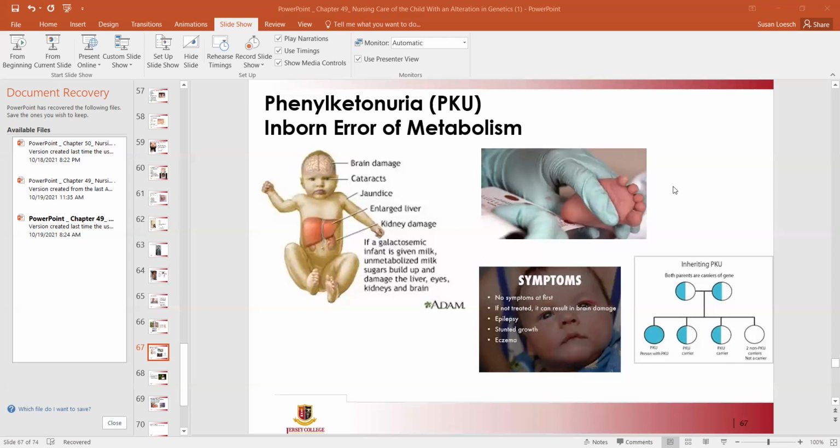So we do newborn screening to detect the disorder before the symptoms develop. One of those is phenylketonuria, or PKU. We get a single drop of blood, and we can test for multiple different things in the child.